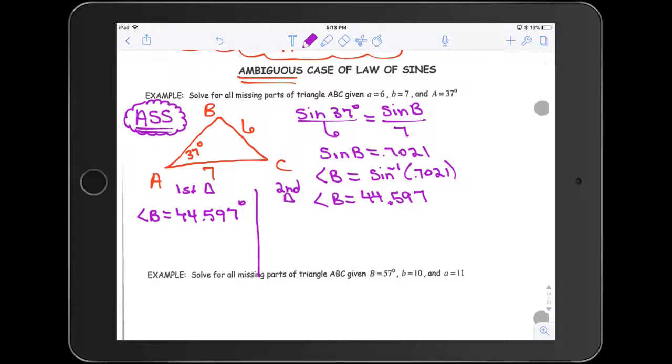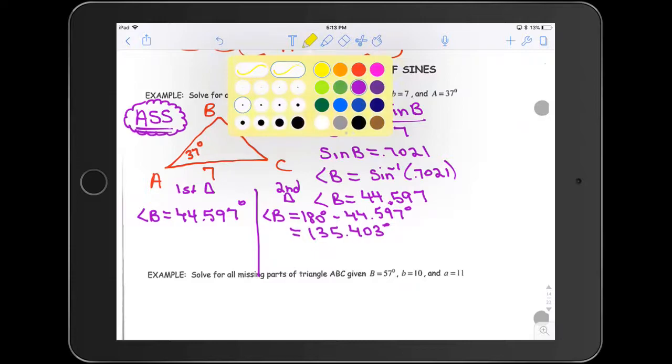So all you do to find your second triangle is take your B value, your angle, and subtract it from 180. So you're going to go 180 degrees minus the 44.597 degrees, which then gives you 135.403 degrees.